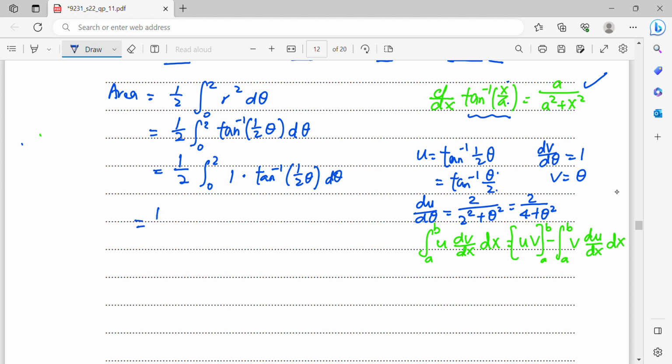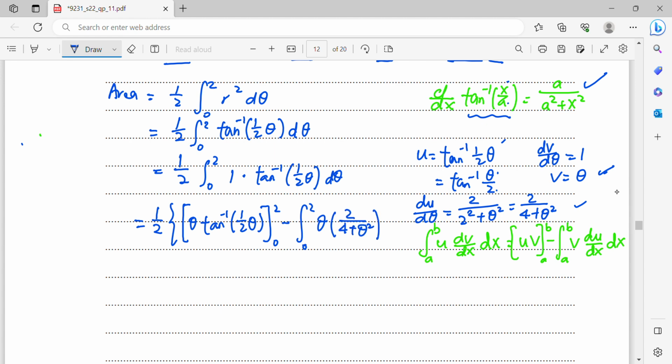I will get half of uv. So my uv, put a bracket, theta inverse tangent of half theta, with limits 0 to 2, minus the integral from 0 to 2 of v du d theta. So v du d theta, theta times 2 over 4 plus theta squared d theta.